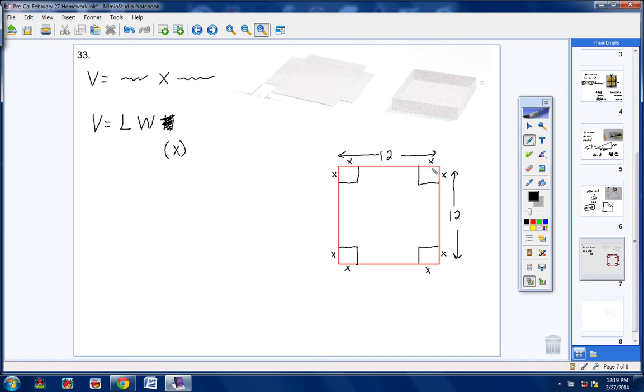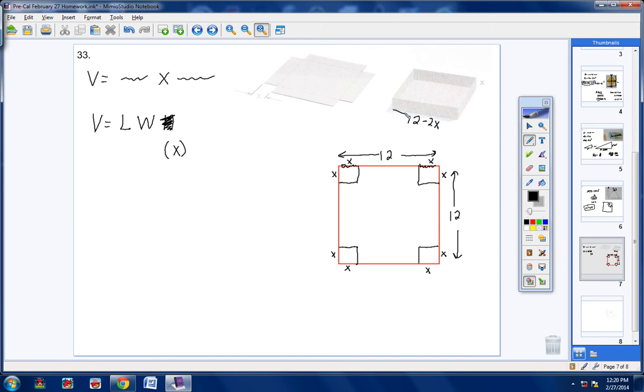Now can I please show you something? You see this 12 right here? From here all the way across to here it's 12, but you took away from that whole length an x and you took away an x. So 12 minus x, once you took that away, this whole length right here is really 12 minus 2x.